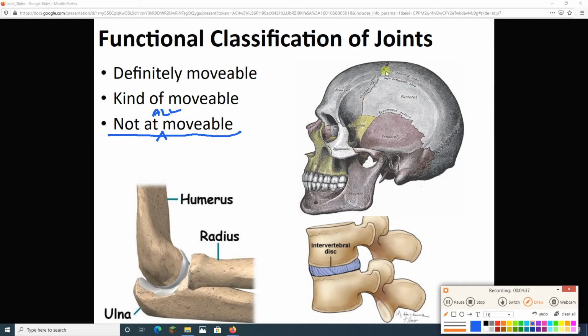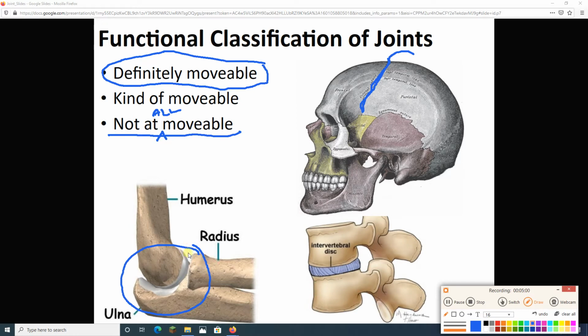So think about the sutures in your skull, this coronal suture right here. You're not moving that thing. That is an immovable joint, not at all movable. Now on the flip side, there's definitely movable joints, like quite movable. Elbow. Yeah, humero-ulnar joint.